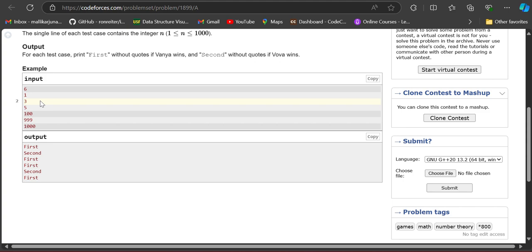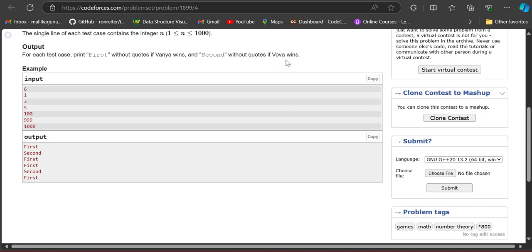Then if the number is 2 or 4, two types of options are given to Vova, the second player. He can either add one or subtract one. So let's say Vova takes 2. Two plus one is equal to three, and two minus one is equal to one. One and three.